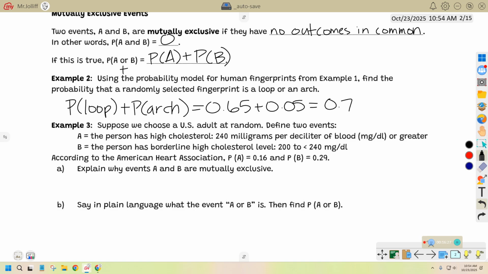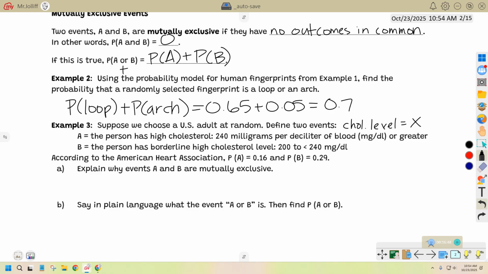So I'm going to define a variable for us. I'm going to let my cholesterol level equal X. Then I'm going to write a statement in terms of X for each of those events to see if it clarifies a little bit.